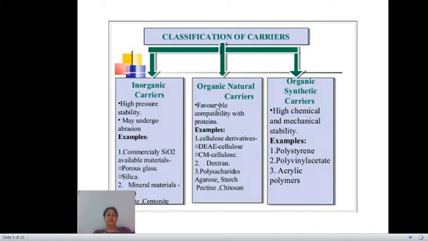Organic natural carriers are favorable because they have a very compatible nature with proteins. Examples are DEAE cellulose, dextran, and various other polysaccharides such as agarose, starch, etc. Organic synthetic carriers have high chemical and mechanical stability. Example is polystyrene and polyvinyl acetate.